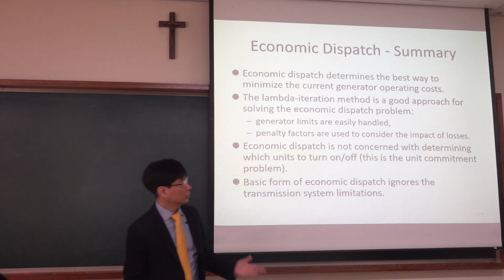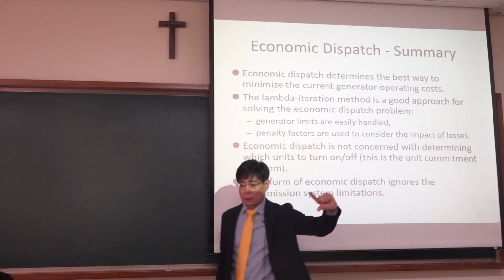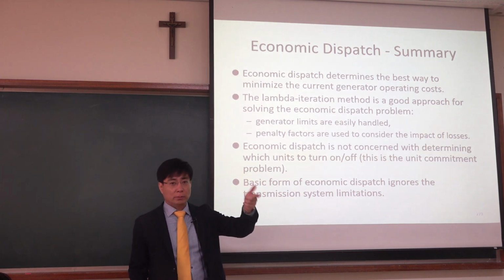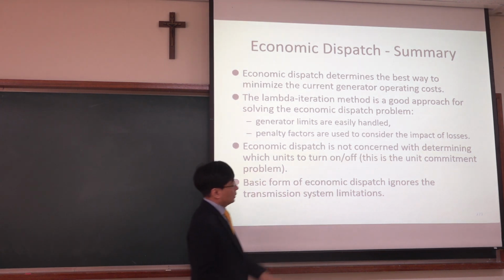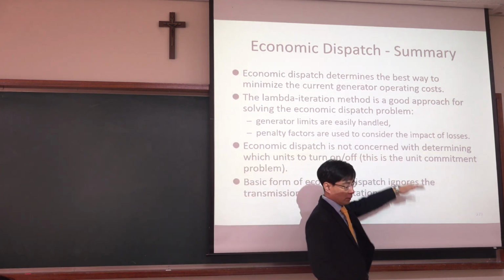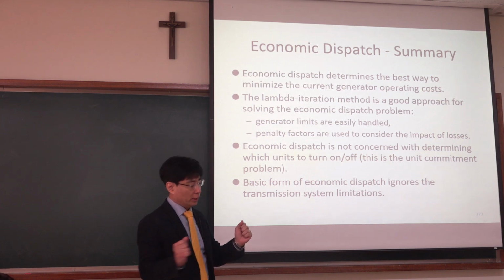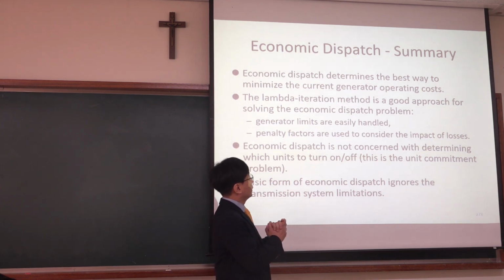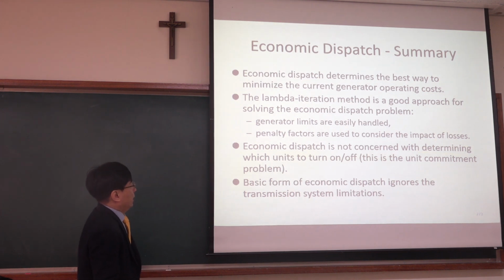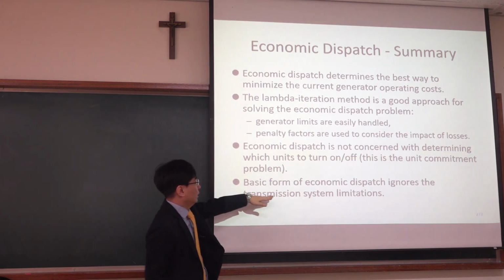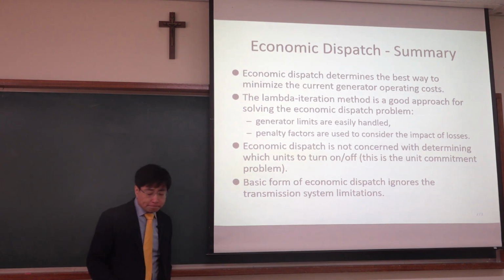And actually this is a combinatorial optimization problem because it has a binary decision variable, turn on, turn off, 1 or 0. So first solve the unit commitment problem, and after we decide which generators are on, then for the turned-on generators, we solve economic dispatch. But so far we didn't consider transmission line limits yet.